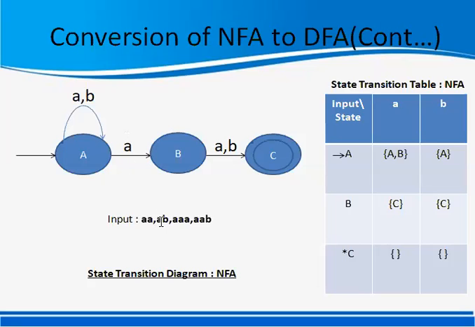You can check for any string like AAB. On input small a from initial state A, our next state will be A. Now on input small a from state A, the next state will be B. Now from state B on input small b, our next state will be C, and we have reached the final state C. So the string AAB will be accepted.